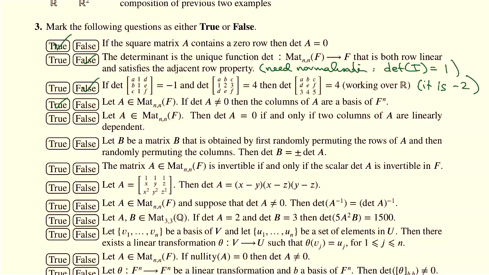Linear independence of three things means there are non-zero a, b, c such that a times the first, b times the second, c times the third equals 0. That's not the same as saying just two of them are linearly independent. So this one's false, because of the two columns.